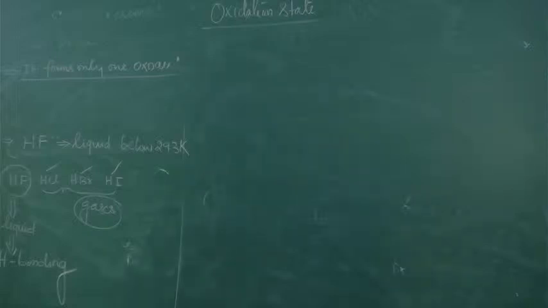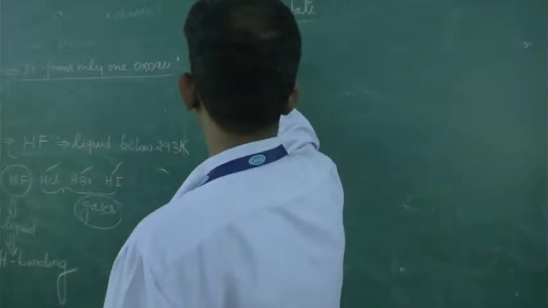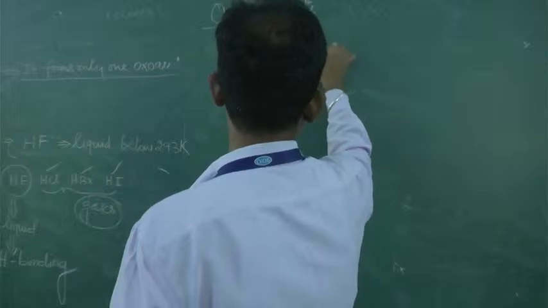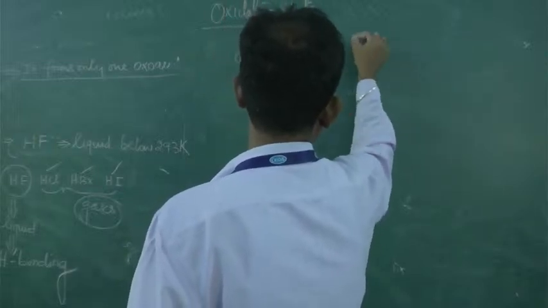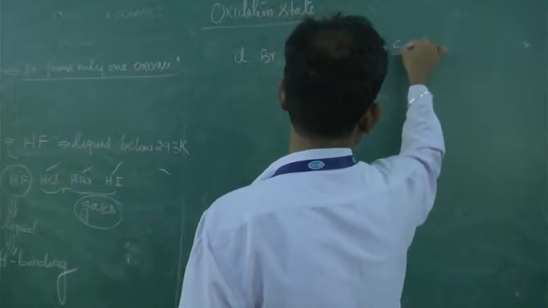Is it clear? Yes or no? There you go. All halogens exhibit -1 oxidation state. However, Cl, Br and I, it exhibits +1, +3, +5, +7.